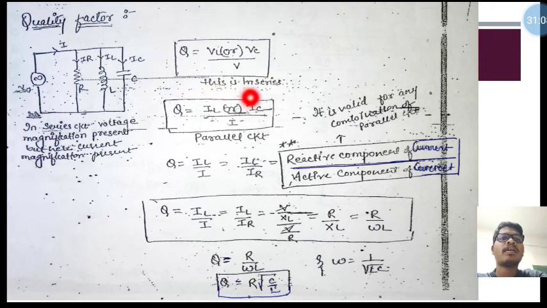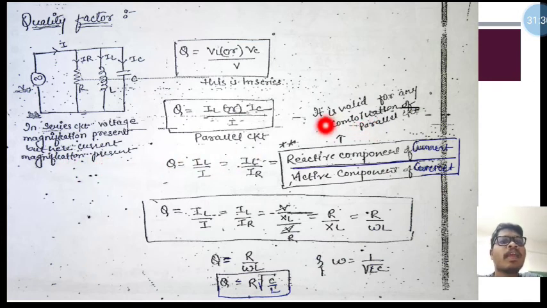This is the condition of series. For parallel circuit, Q is equal to IL or IC divided by I, because here current will be different, so that's why. So in series circuit, voltage magnification is present, but here current magnification is present. I have already told you that.